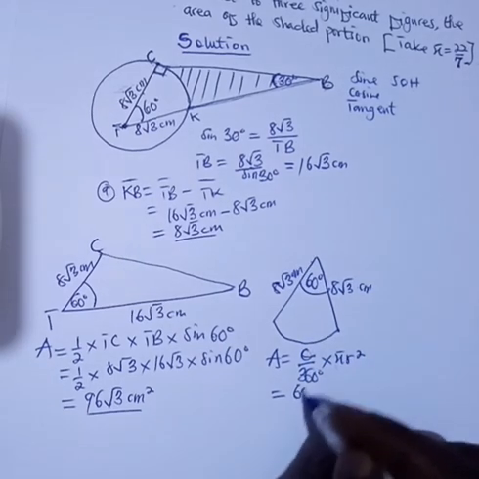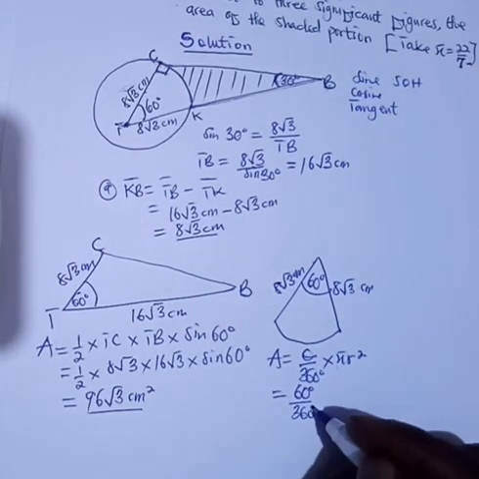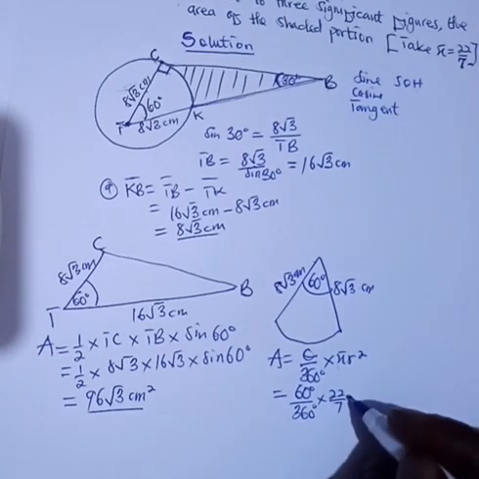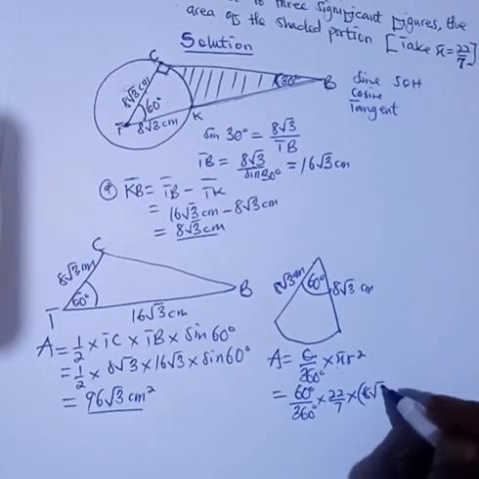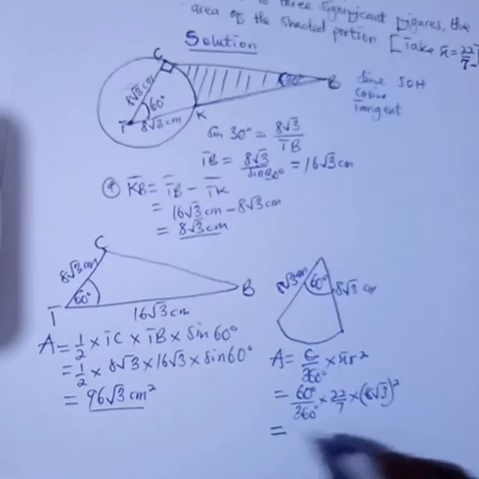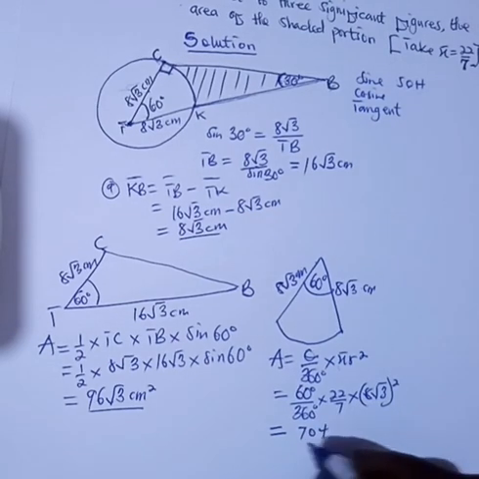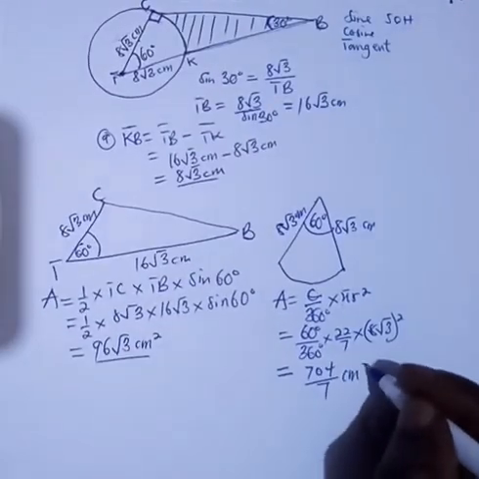So we only do substitution. So we have 60 degrees divided by 360 degrees times, so pi is given as 22 on 7 times, then we have the radius as 8 root 3 all squared. So if you use your calculator, then you are getting 704 all divided by 7 centimeters squared.